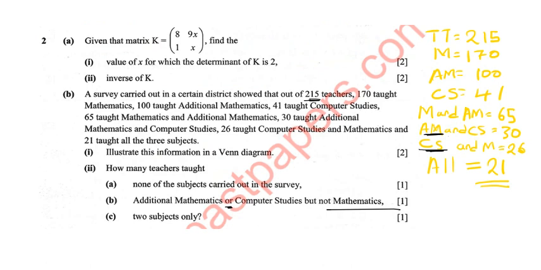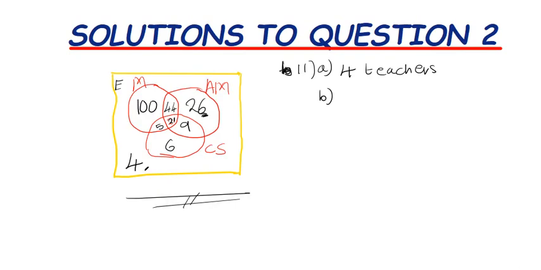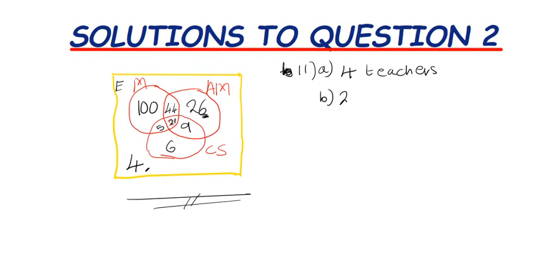So you go here, they have said "but not mathematics." So whatever is in mathematics we don't want, but whatever is in additional mathematics and computer studies, those are the ones that we want. So in this case, you just say 26 additional mathematics, plus 9 who did additional mathematics and computer studies, plus 6 who did computer studies.